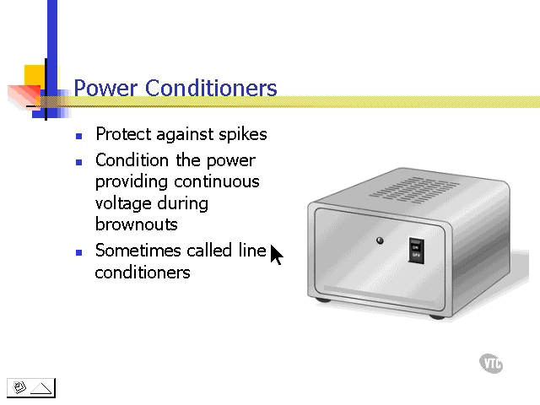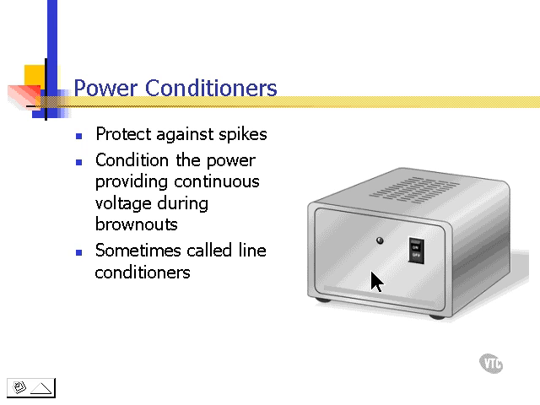In other words, as power goes through it, it holds some power so that it can provide clean and consistent power to the computer and absorb any spikes or surges or brownouts, which are also called sags, from the power company. As the power from the power company goes up and down, the power conditioner is supplying consistent power to the computer and absorbing those ups and downs of power.